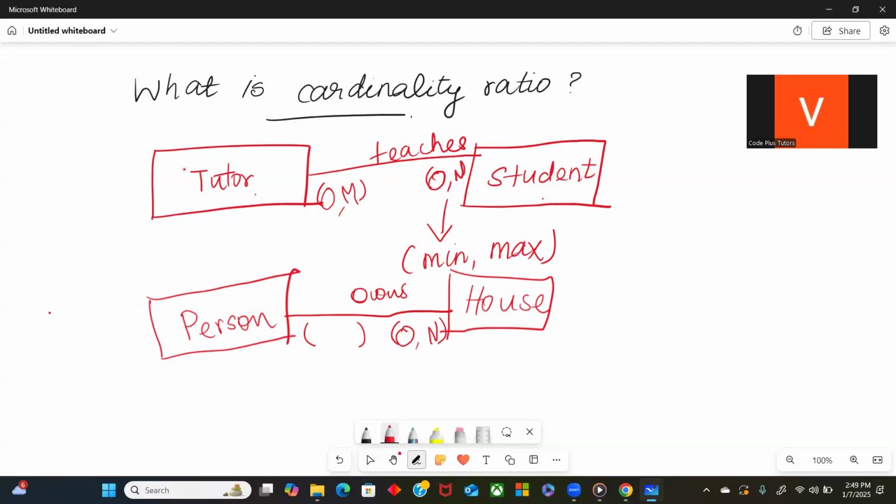Now, coming from house to person, one house should be owned by a minimum of how many persons? One. If you think that one house can be owned by multiple people as a joint property, then the max is going to be many. So here the cardinality from person to house is 0 to many, and from house to person is 1 to many. This way, you can define cardinality with a minimum and maximum as well.